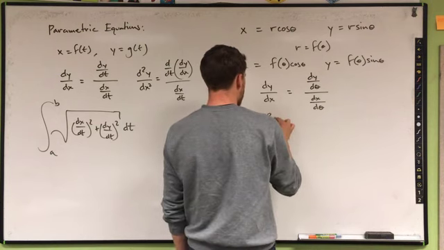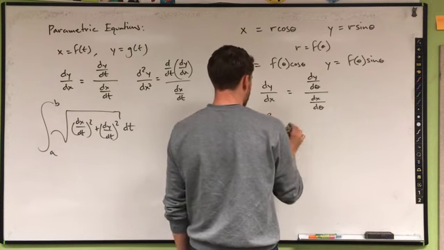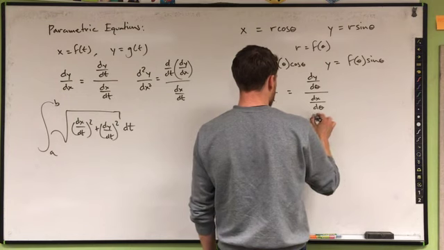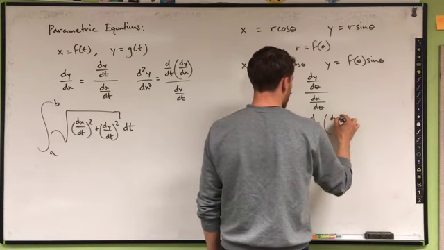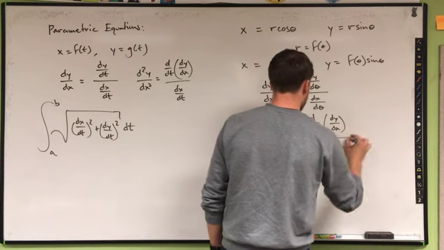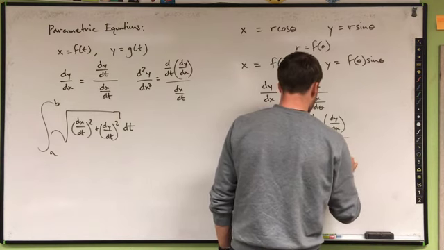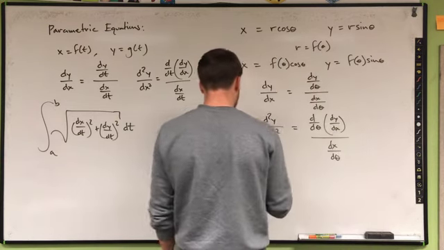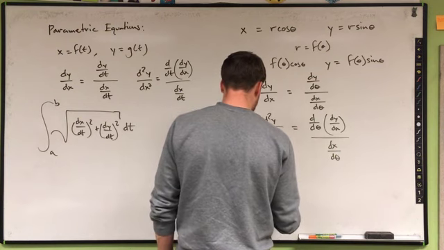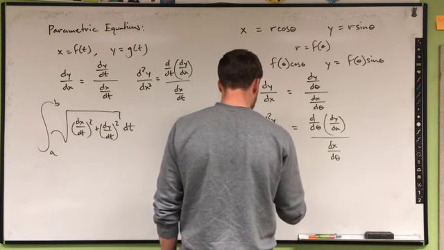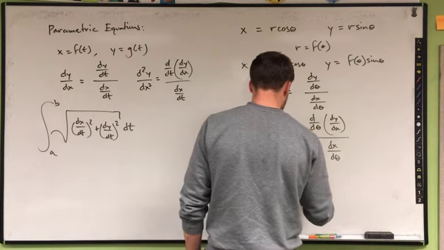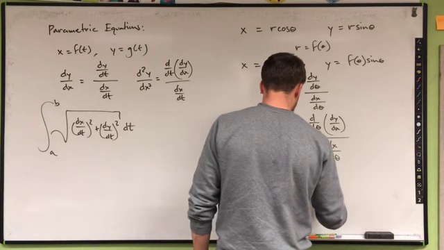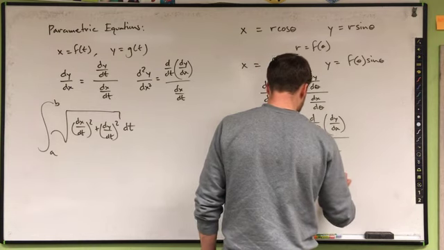We know that the concavity of a polar curve would be the derivative with respect to theta of that answer, dy/dx, divided by dx/d theta. We know that the length of a polar curve is the integral from alpha to beta of the square root of (dx/d theta) squared plus (dy/d theta) squared, d theta.